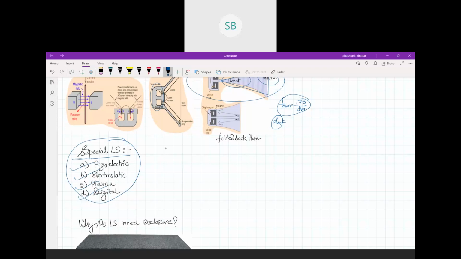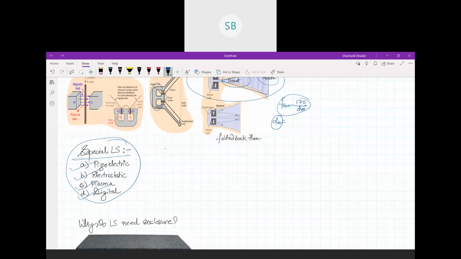You can see that loudspeakers come within an enclosed surface, so that makes the loudspeakers directional. Then you need to compare the efficiency, the frequency response, the distortion, the impedances, power handling capacity, radiation of sound, impedance matching, the size, and so on.